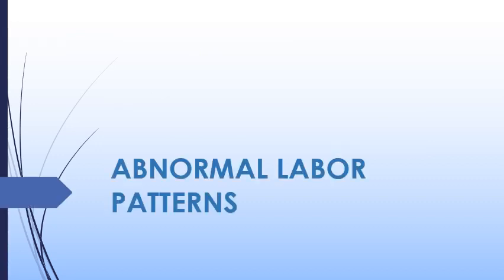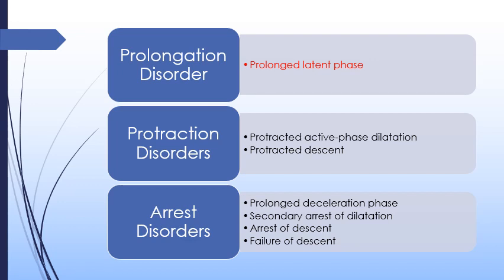The uterine dysfunction can now lead to abnormal labor patterns. First, the latent phase may be prolonged, which is defined as exceeding 20 hours in the nullipara and 14 hours in the multipara. In active labor, disorders are divided into slower than normal progress, a protraction disorder, or complete cessation of progress, an arrest disorder.